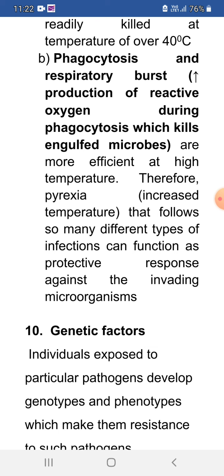So when the temperature goes high, like in fever, phagocytosis increases and production of reactive oxygen increases. So more microorganisms are destroyed.